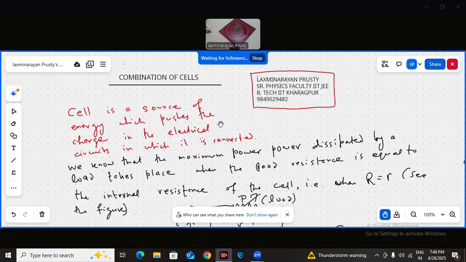The energy which is produced in the cell is necessarily by a non-conservative force, so that the cell will be able to do net work in a closed loop of charge motion. That part we must have studied in this cell.